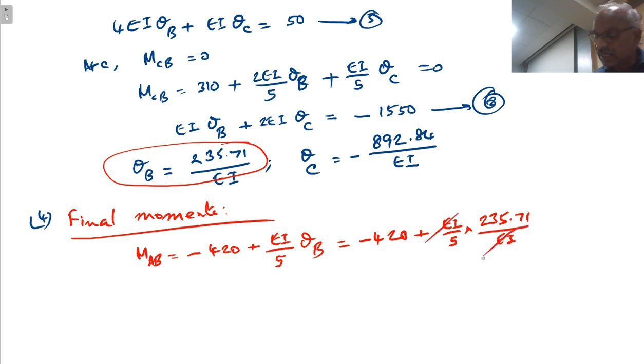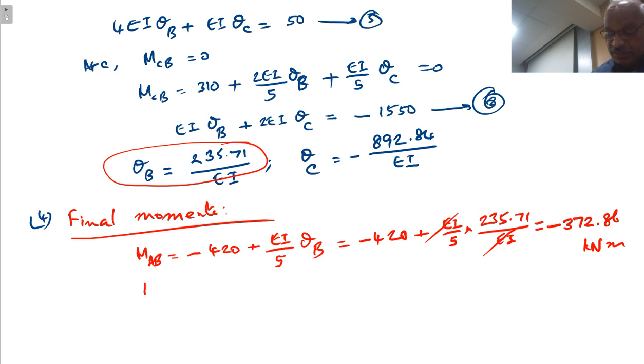So EI will get cancelled, and this value is approximately 235 by 5. On calculation, that will be equal to minus 372.86 kilonewton meter.